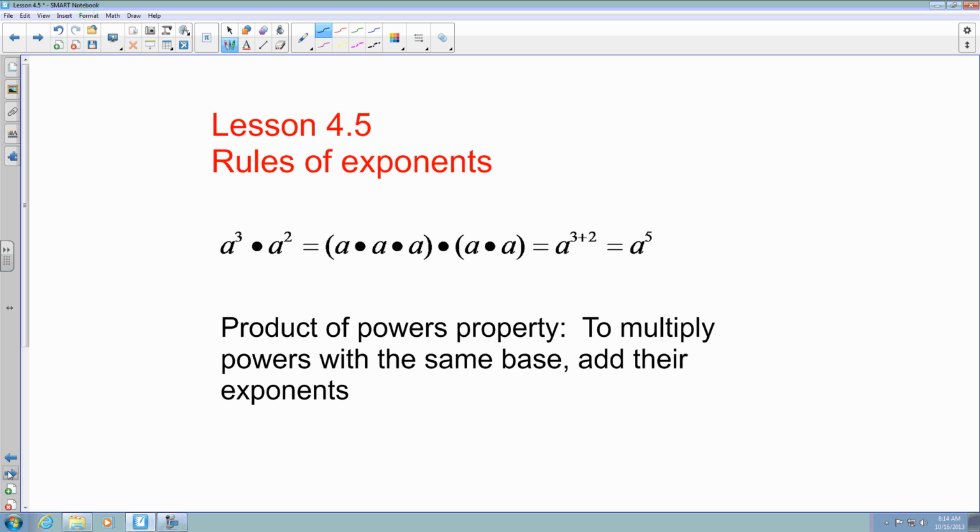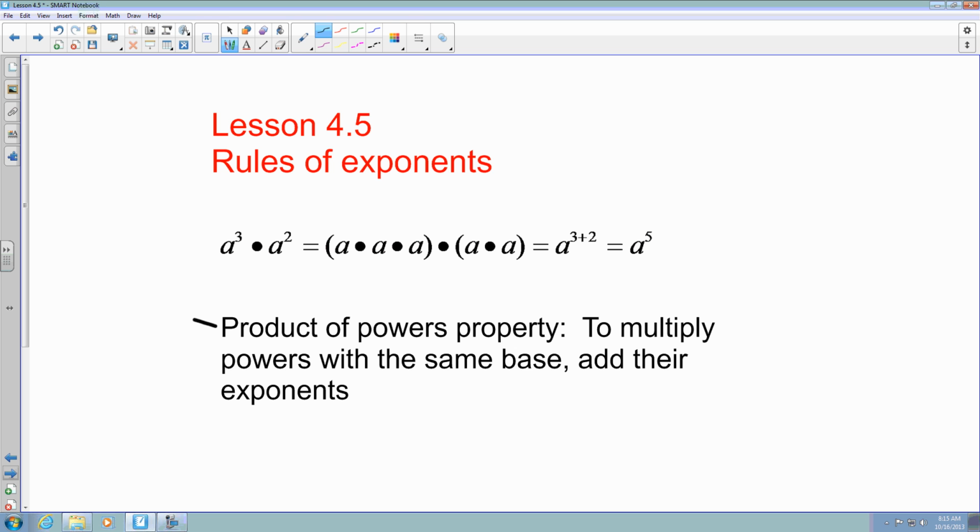Going into the lesson, in section 4.5, we're going to talk about the rules of exponents, and we are going to be giving you two rules today. The first one is shown on the screen, and it's called the product of powers property. It states that to multiply powers with the same base, all you have to do is add the exponents.